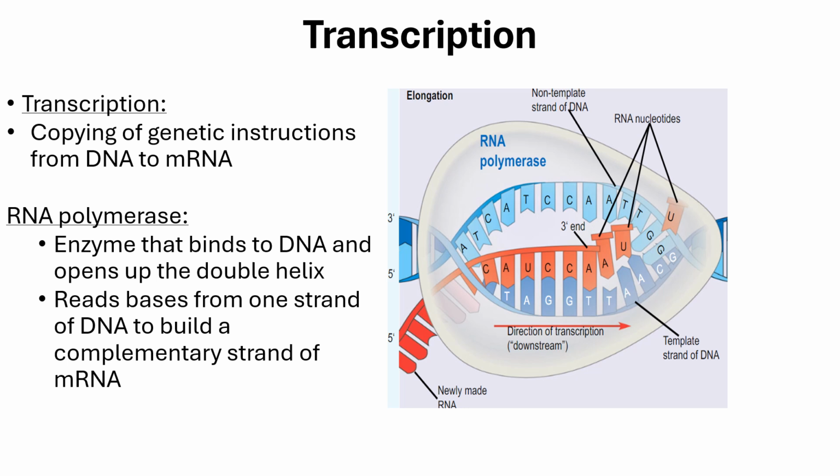And this is the RNA polymerase enzyme. The RNA polymerase binds to the DNA and opens up the double helix, and it starts reading the bases from one strand of the DNA, and it starts building a complementary strand of RNA.